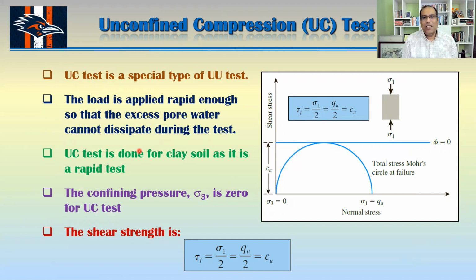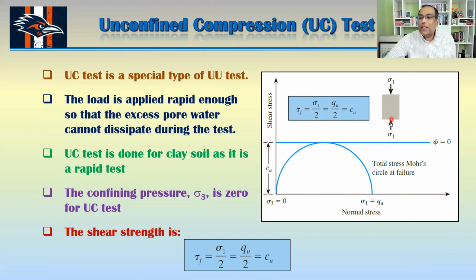So this is applicable mostly for clay soil, and the load is applied rapidly enough that the excess pore water pressure cannot dissipate during the test. The UC test is done for clay soil as a rapid test. It goes very fast. The confining pressure sigma 3 is 0 for the UC test. So you can see here that sigma 3 is always 0, and this is your failure stress.